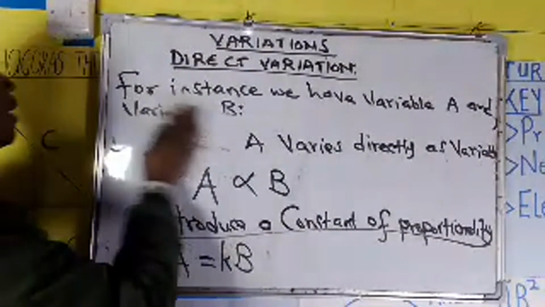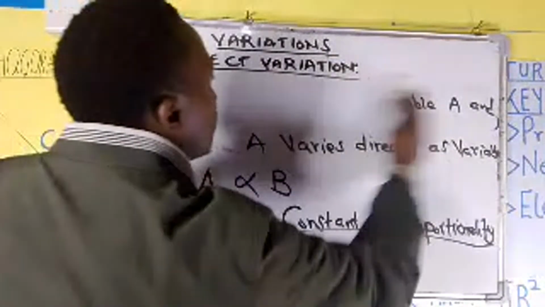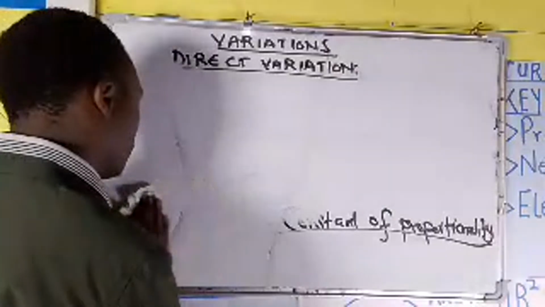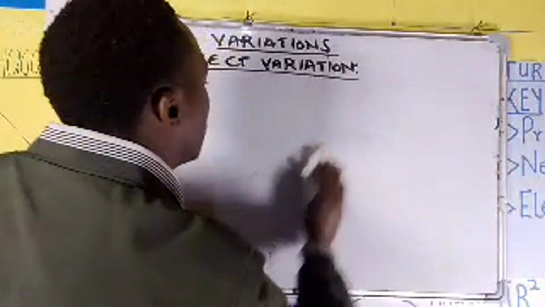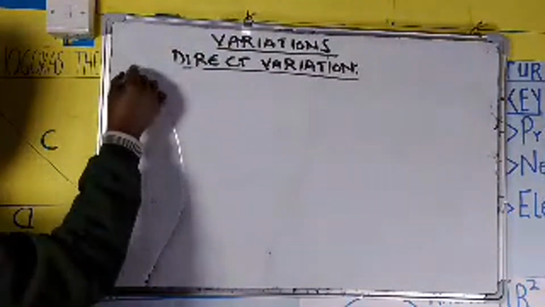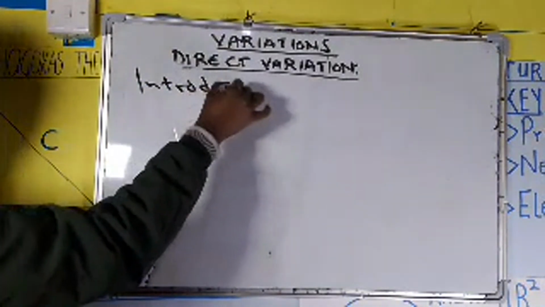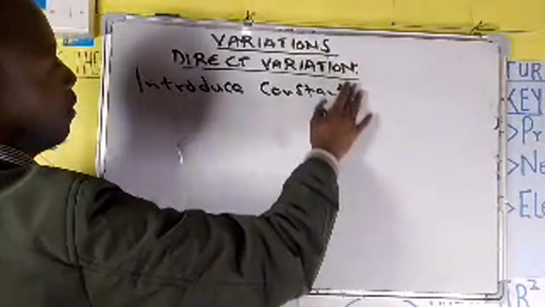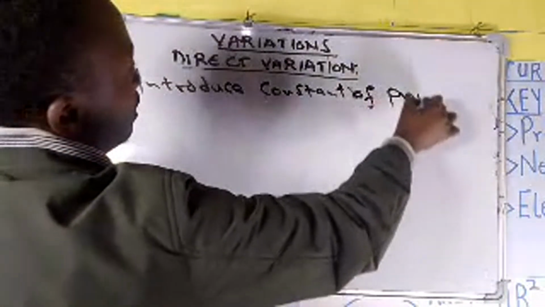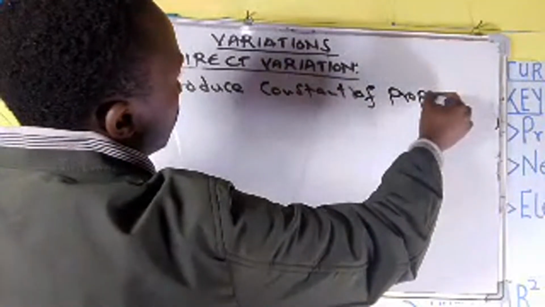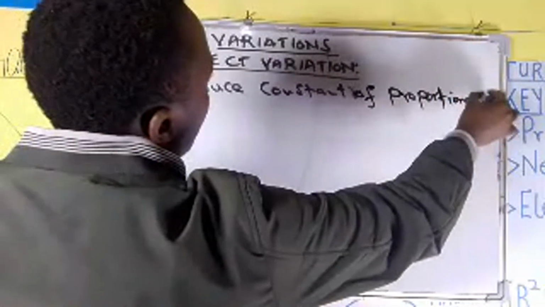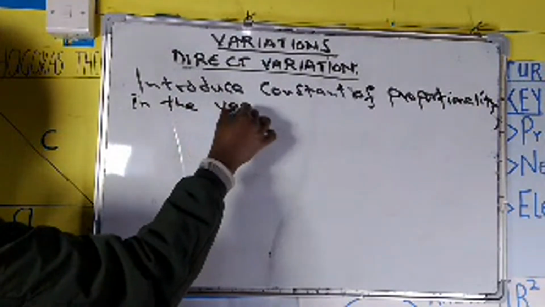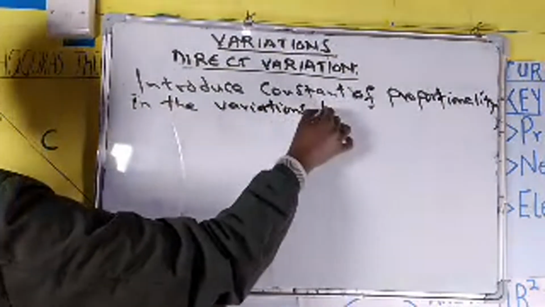So having that in mind, we can have some questions here. Introduce constants of proportionality in the variations below.